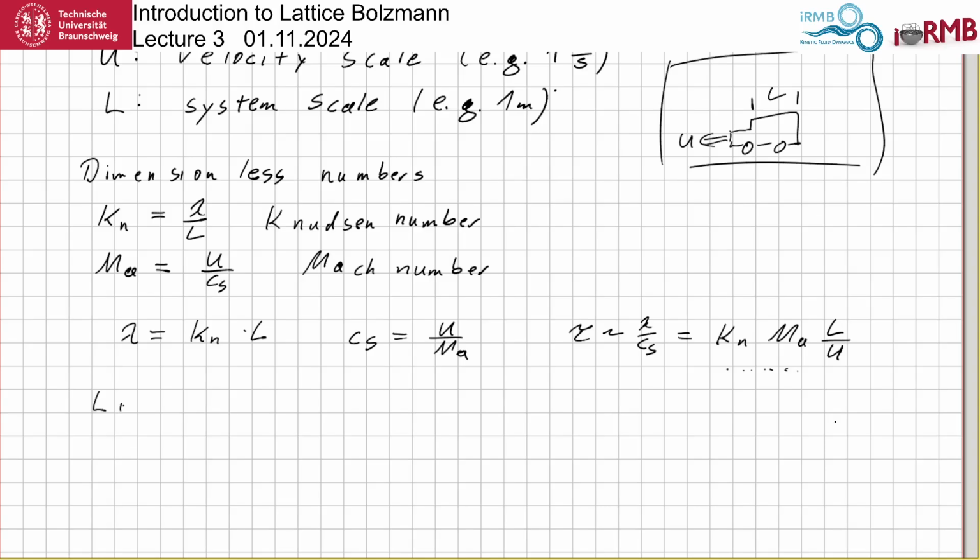So now we are looking at some limiting cases that lead us to the Navier-Stokes equation. We have not yet made any assumption, for example, that particles are close to each other, or that we are in a dense fluid, or that the Mach number is small.